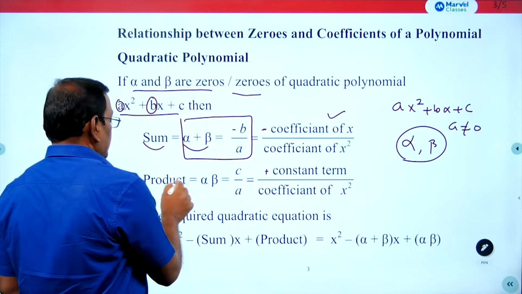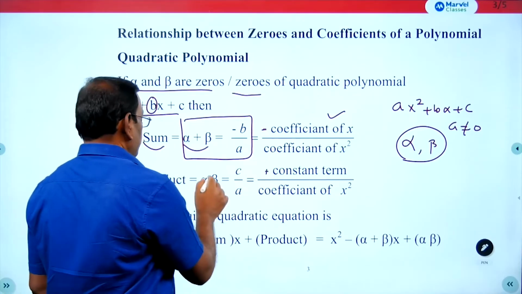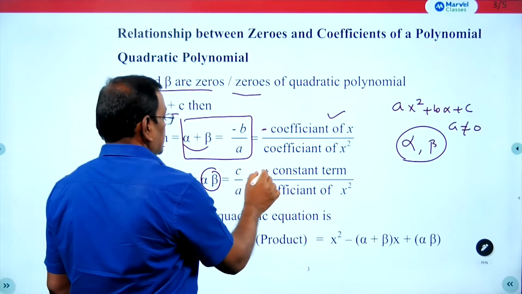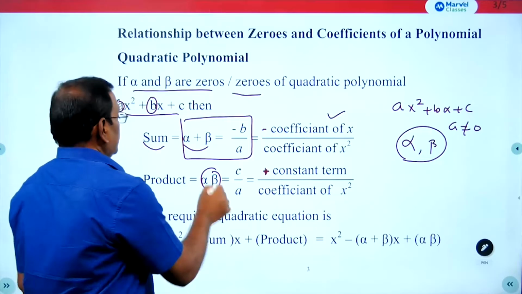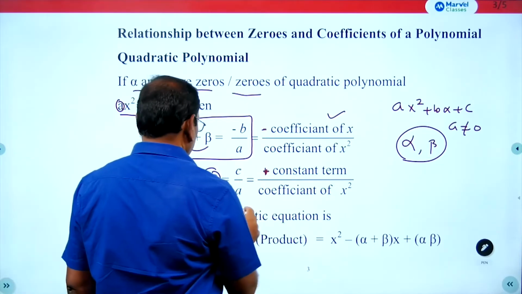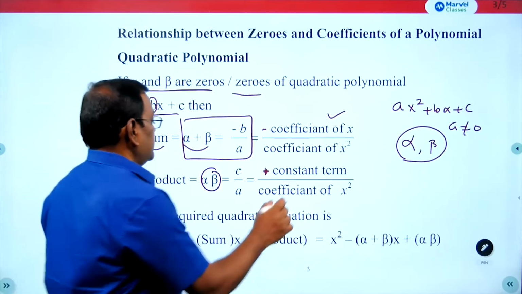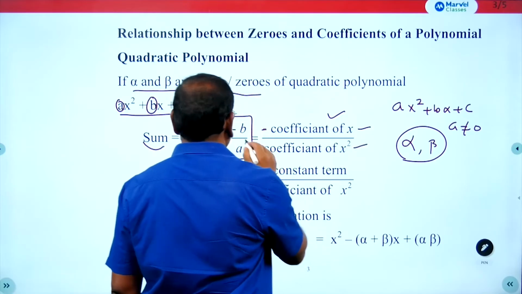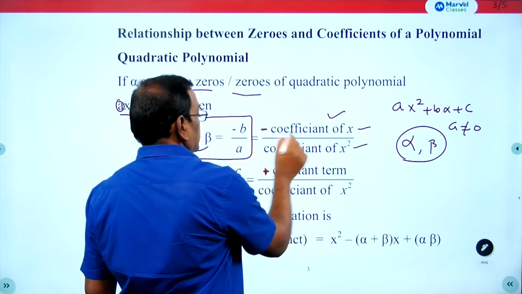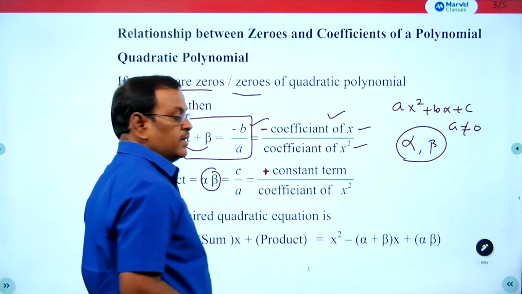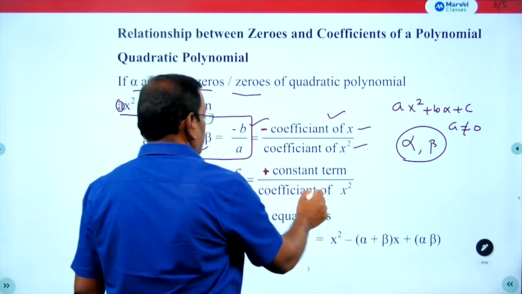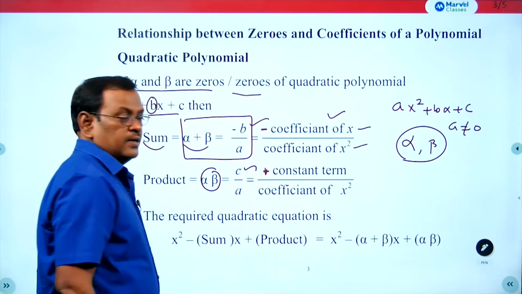And the product of the zeros, alpha beta, equals c by a, where c is the constant term and a is the coefficient of x square. So the sum is minus the coefficient of x by the coefficient of x square, minus b by a, and the second is the constant term by the coefficient of x square, c by a.